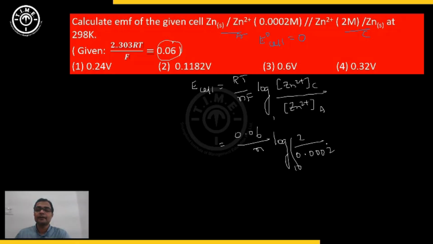Okay? What is the ratio here? You will get 0.0001. Now this one you can write as 0.06 over the number of electrons transferred, 2, and log of 1 by 10 to the power of minus 4.